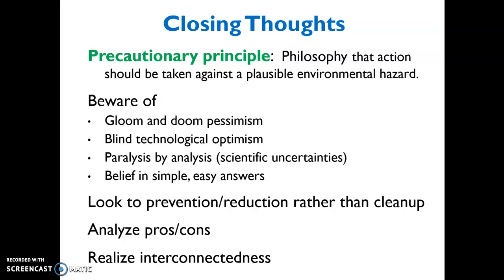And last, we really need to realize that we are living in a global time economically, and we're living in a global atmosphere environmentally. So we need to realize the interconnectedness of all of these countries.